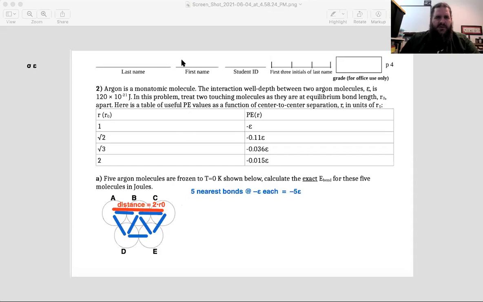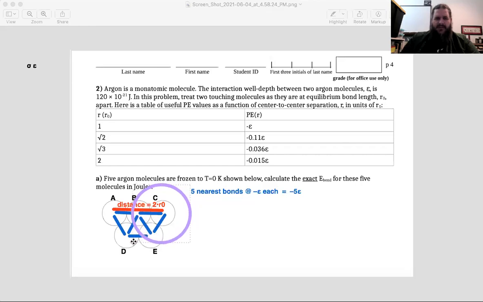If you draw out a circle centered at, let's say, the location at C, and you imagine that circle expanding evenly in all directions, and it's difficult to draw this in this interface, but if you imagine this circle expanding outwards in all directions, the first atoms it hits are B and E. So B and E are both the same distance from C, and those would be the nearest neighbors.